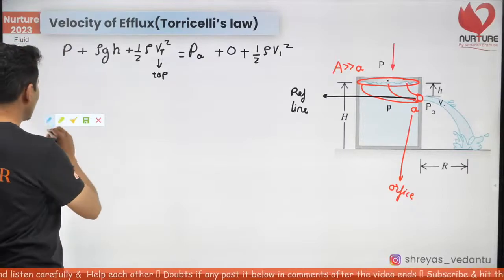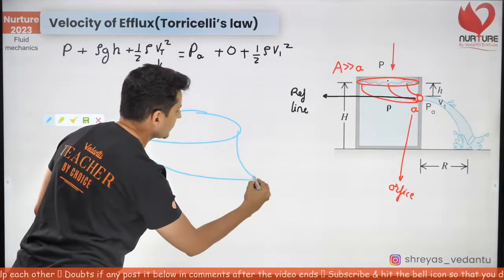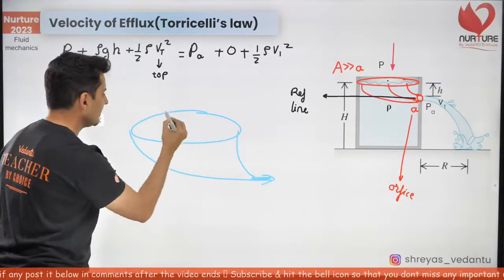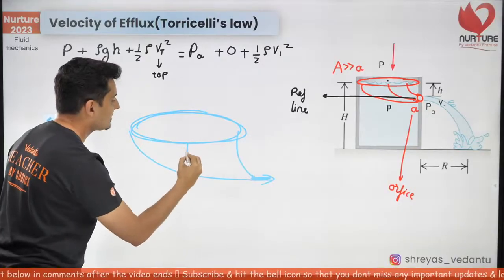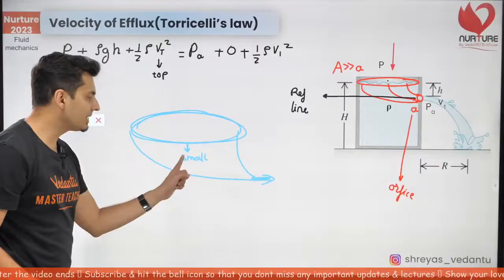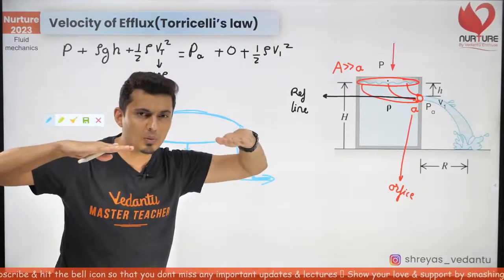Don't you see, because this is a very large surface and all the liquid is flowing through a small orifice, even though the liquid comes out with good speed, the speed with which this comes down is very small. The speed V top is very small. It will come down slowly.